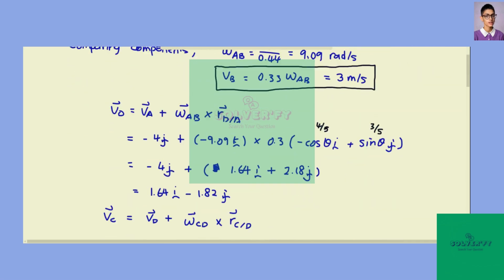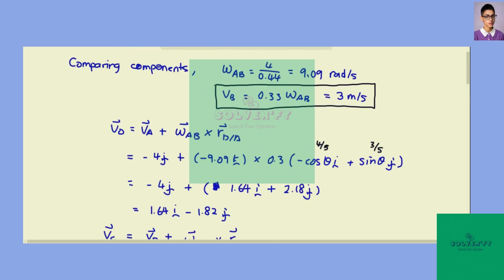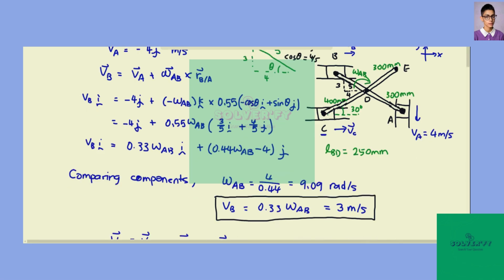So VC i is equal to VD, which is 1.64i minus 1.82j, plus omega CD k, assuming this is counterclockwise, cross the position of C relative to D, which is related to the 400 mm and the angle 30 degrees.